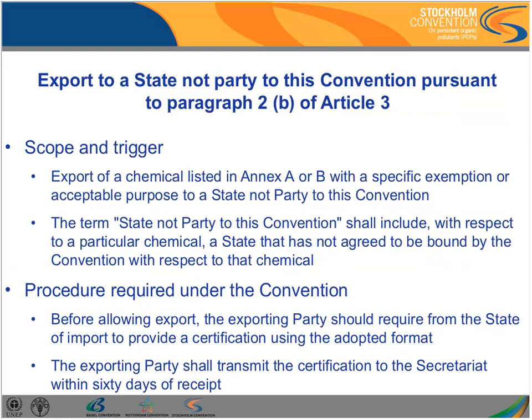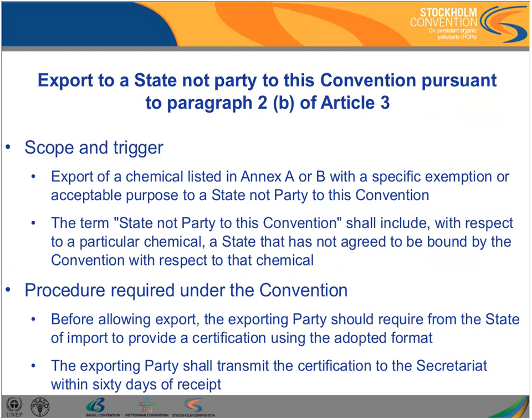Export to a state not party to this convention, pursuant to paragraph 2b of Article 3: the term state not party to this convention includes, with respect to a particular chemical, a state that has not agreed to be bound by the convention with respect to that chemical.